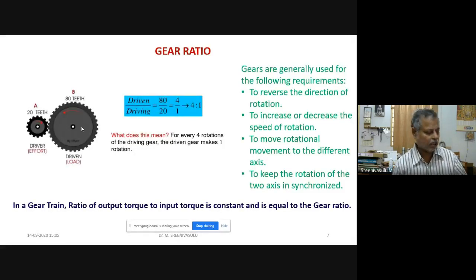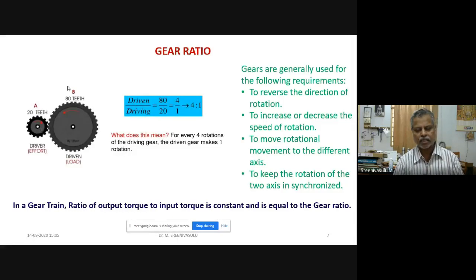The driven, since it has a higher number of teeth, is going to rotate at a lower speed. This is the process wherein you lower the speed. If you want to raise the speed of the driven, convert this B wheel as the driver and A wheel as the driven. So right now in the image, A is the driver, B is the driven.